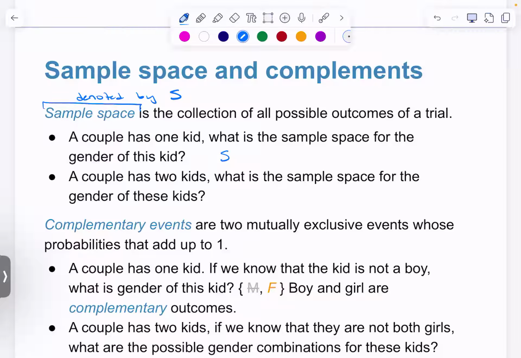It's not terribly important that you use set notation, but technically a set is wrapped up in curly brackets, and then we list the possible outcomes inside. And so the sample space is going to be, let's say, male, female.